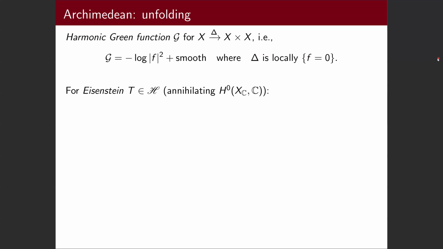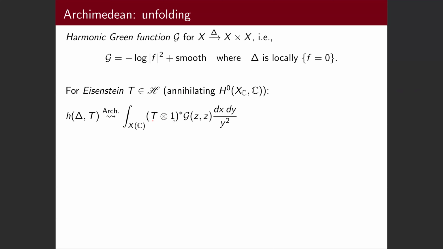For suitable Hecke operators, I'll take T to be an Eisenstein Hecke operator, with some technical condition here, which means I want it to annihilate H^0 of the Shimura curve. For these Eisenstein Hecke operators, the Archimedean part of this height decomposes as a simple integral. It's just an integral over the complex points of the Shimura curve of the Hecke pullback.